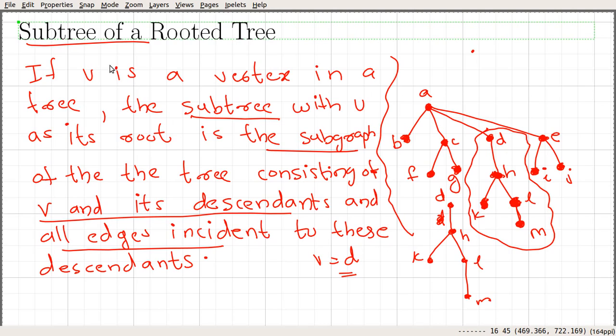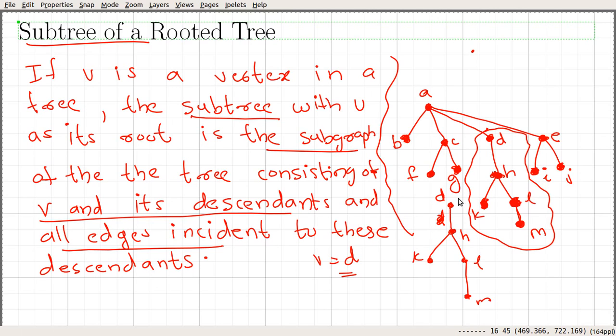A subtree rooted at V is the subgraph of the tree consisting of V and its descendants. For example, if we set V equal to D, we consider all the vertices here that are descendants of D, along with D. So D, H, K, L, M, and all the edges incident to these descendants.